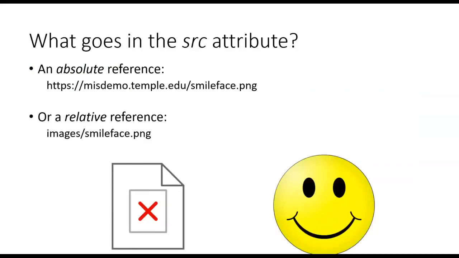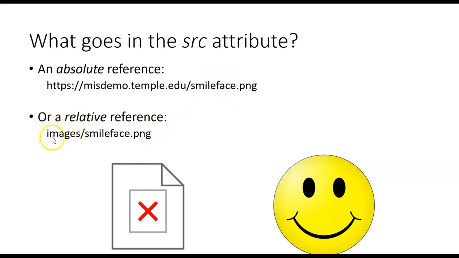And I just want to emphasize this one last point. What goes in the source attribute? The source attribute can contain what we would call an absolute reference, which means I run out to the internet using some protocol, HTTPS, go find a server, and maybe there's one or more folders here, and then the file name. That can be an absolute reference, or it can be a relative reference.